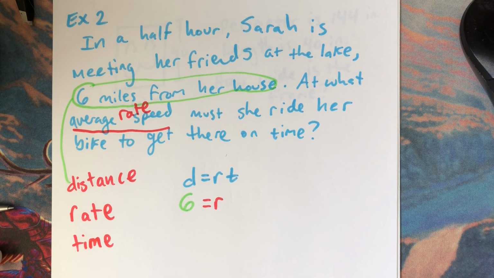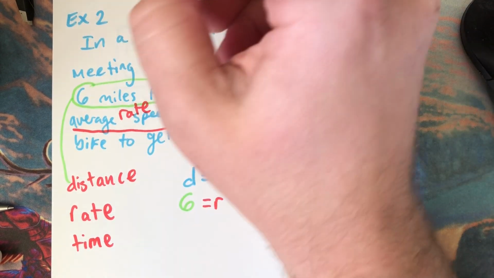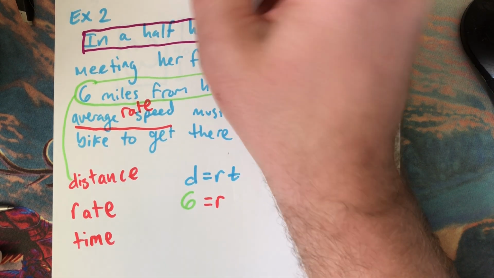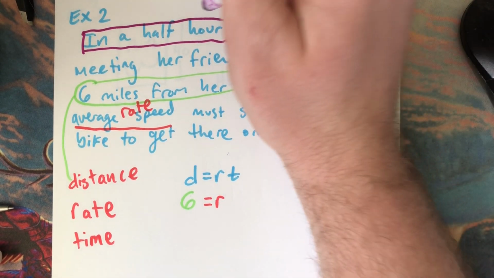And then I don't see a third number. I don't see any other numbers. It's because it's hiding in the English. I actually need to get another marker. I want another color. I am going to get this one again. In a half hour. That is time.